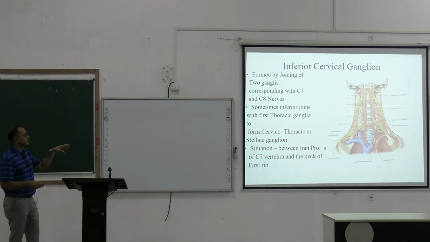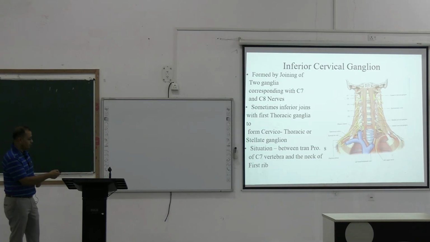This opening, we call the thoracic outlet, also known as the thoracic aperture, and on the upper part we call it the superior thoracic aperture. So nearby in this root of the neck, this inferior cervical ganglion is there. Sometimes we see that this inferior cervical ganglion may be fused with the thoracic ganglion, forming a union. Such a union we give a special name, the stellate ganglion.